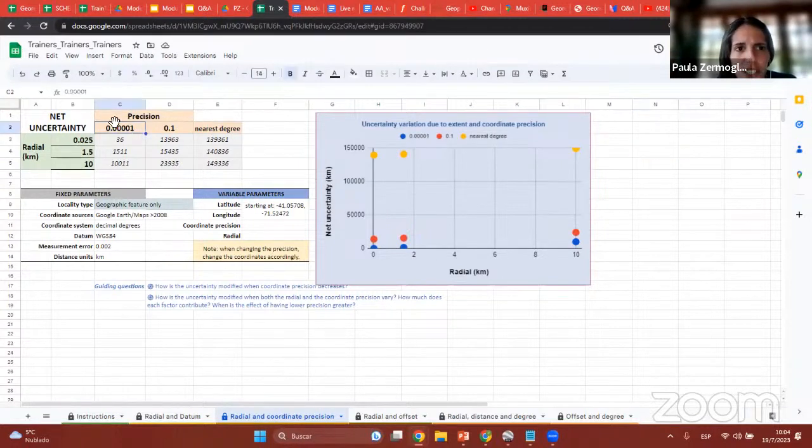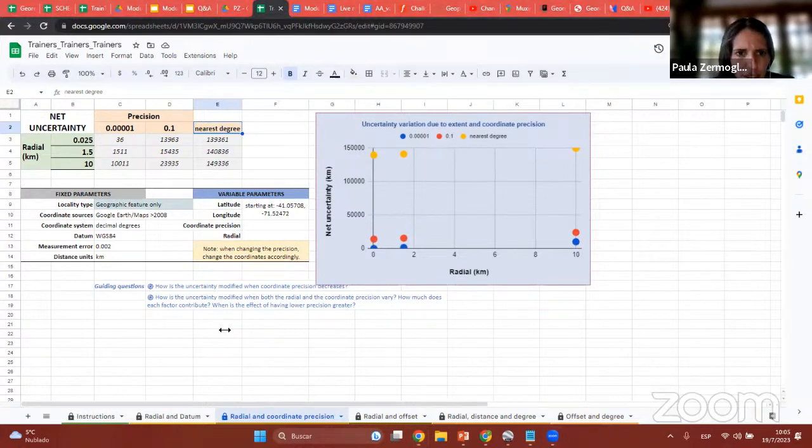And here, this is the most precise coordinate, this is less precise, and the nearest degree means that I'm going to write it down here, because I've been looking already at some of your spreadsheets, and I believe most of you have made the same mistake here, which is the following.